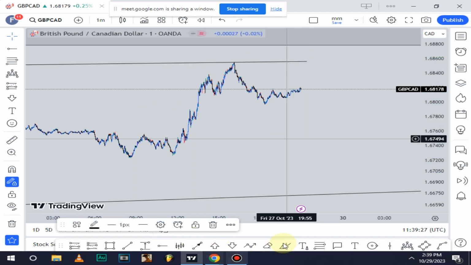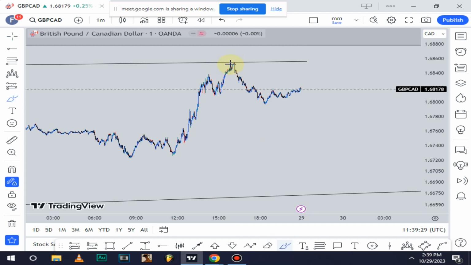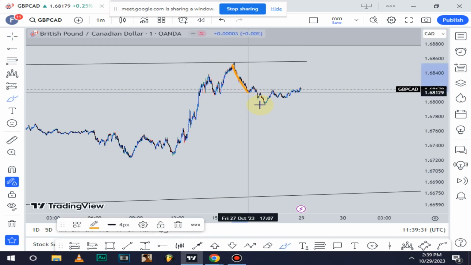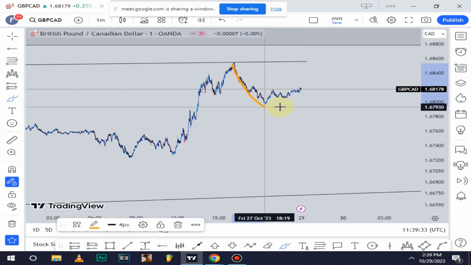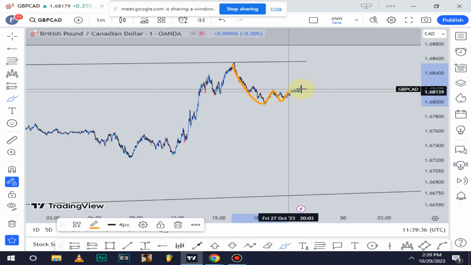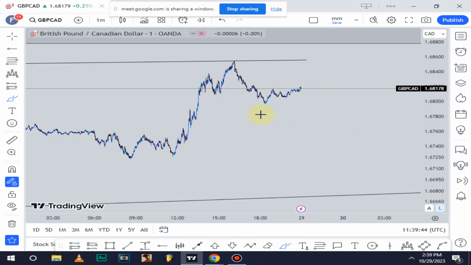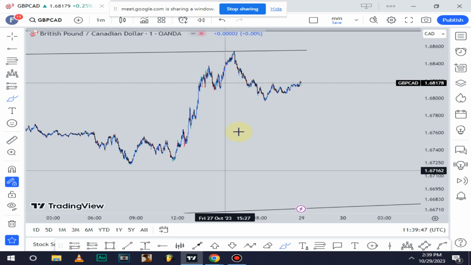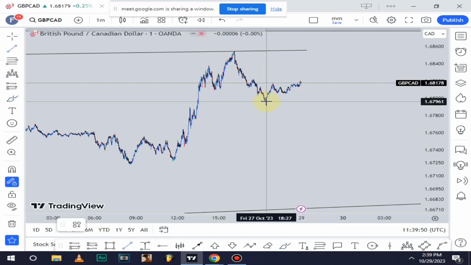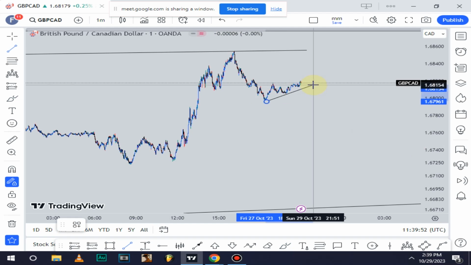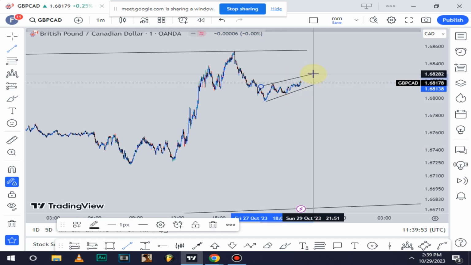Look at this. The market gave us some sort of an impulse move, and now it's trying to give us some sort of a correction. Now if you're a scalper, then this should be a good entry for you, but personally I don't do this. I won't take this trade because I have to make sure that this correction phase is done away with. So we can see we had an impulse correction.